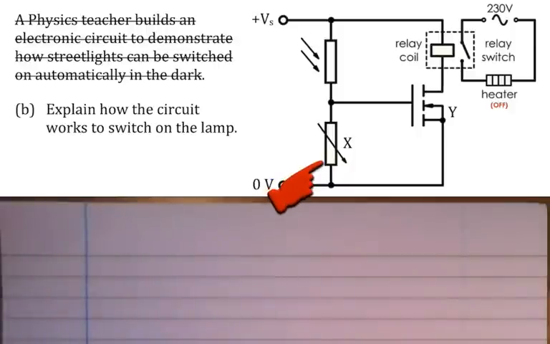And then if it increases above a certain value, this MOSFET is going to conduct. And then we can talk about this current. So we'll have a current in the relay coil, which acts, as we said, like an electromagnet. When we have a current in the relay coil, that then closes the relay switch, and we've got that heater to come on. So as we said, switching these two components goes from having a circuit which switches on in the dark to one that switches on in the light.